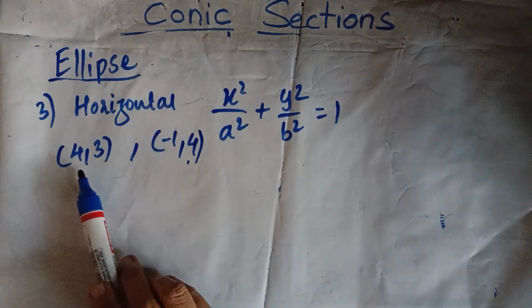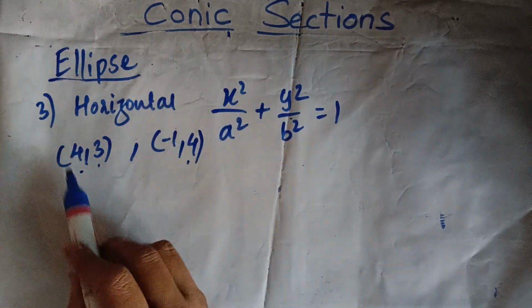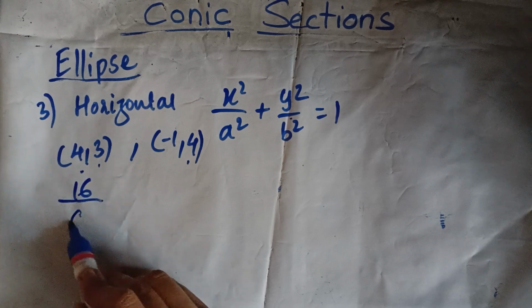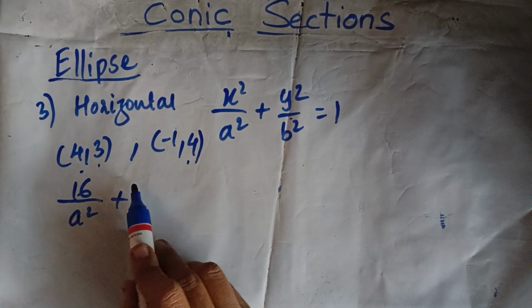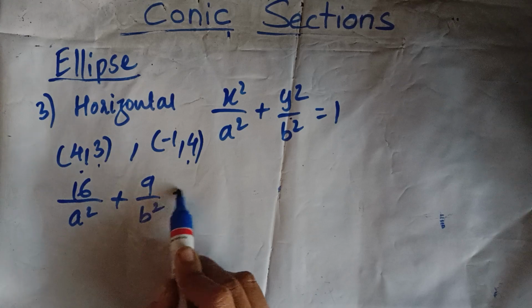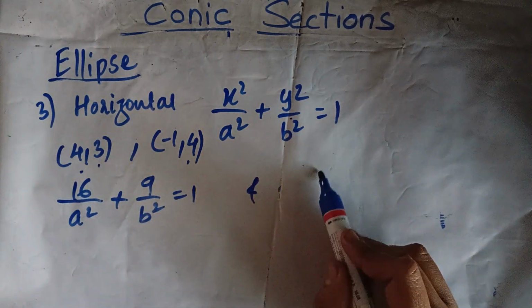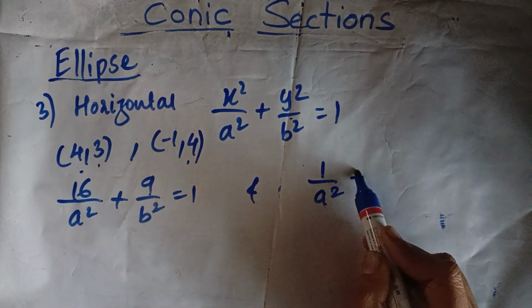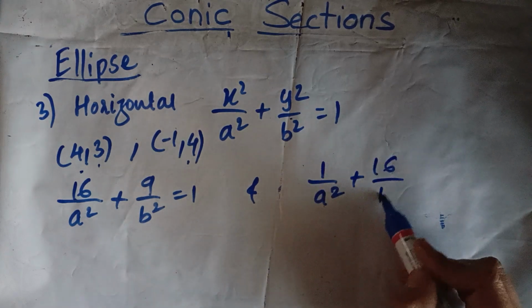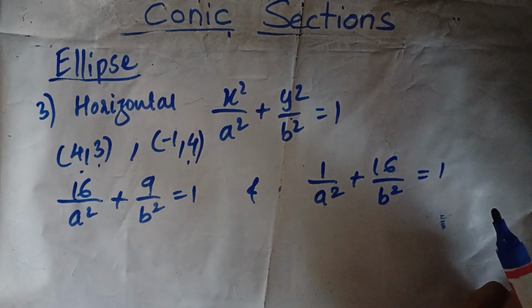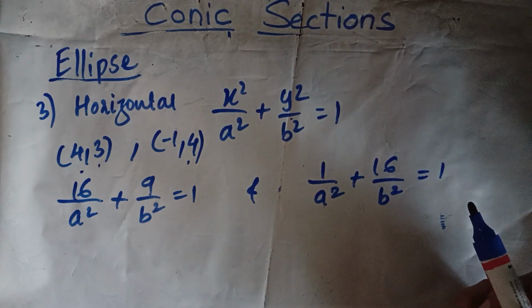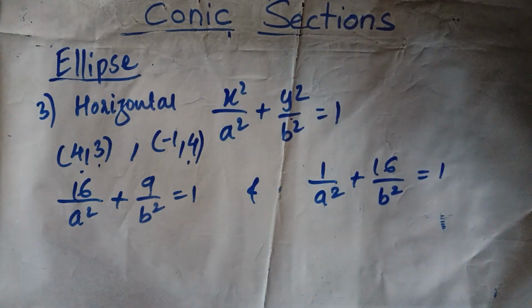If I put 4, 3 here, it will be 16 upon a square plus 9 upon b square equal to 1. And the second equation is 1 upon a square plus 16 upon b square equal to 1. We have to solve these two equations.